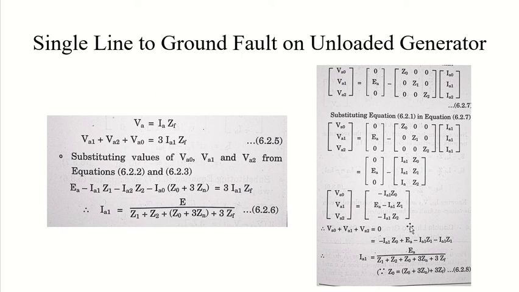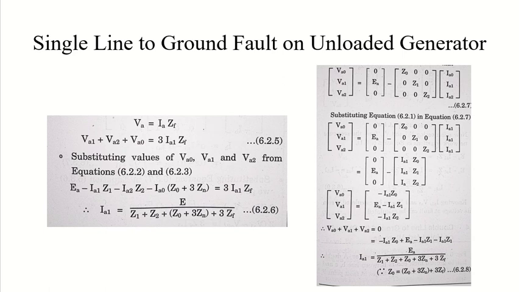And from that equation only, it will be very easy for you to find the value of ia1, because here you can take ia1 in common and you put all the rest of the terms in the division. Basically, initially we took va0 plus va1 plus va2 is equal to 0.